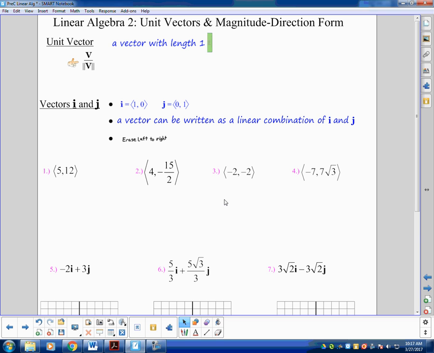A vector can be written as a linear combination of i and j. So it has a horizontal part, an i part, and a vertical part, a j part. The way in which we do that is we take the vector <a, b>. We think of it as just its horizontal part, which we call <a, 0>, plus just its vertical part, which we call <0, b>.